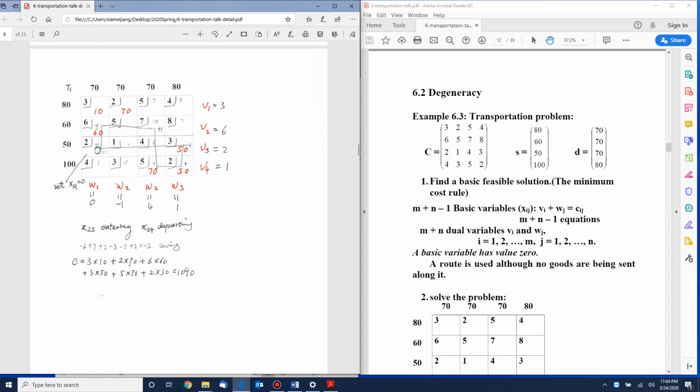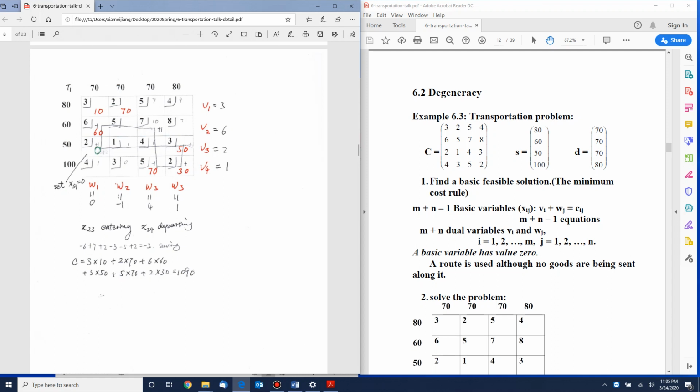That is, we can settle those along the first column, because we set up a basic variable equals 0 so that we can evaluate the values of the dual variables. We can do it along that first column or first row, or you can set up any of them.